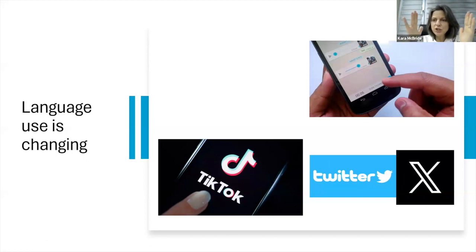The messages started getting shorter and shorter and shorter. And then TikTok, the videos started getting shorter and shorter and shorter. A lot of that is because people's attention spans have become demonstrably shorter and shorter and shorter.